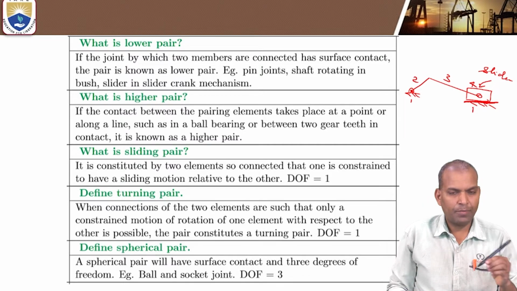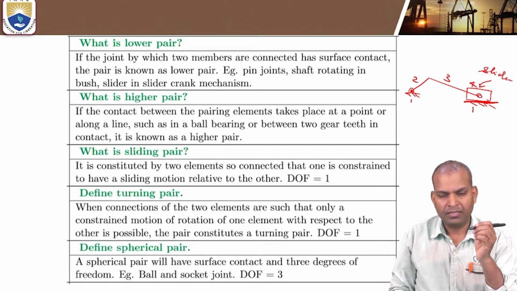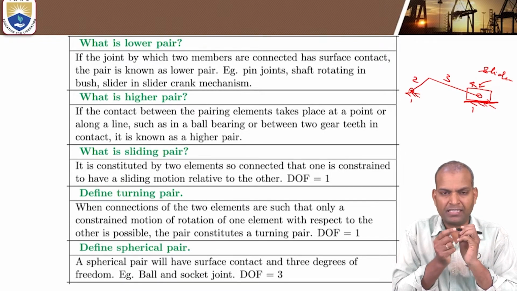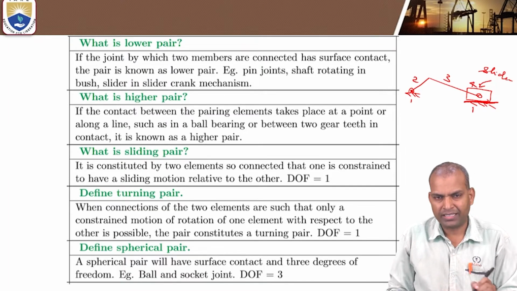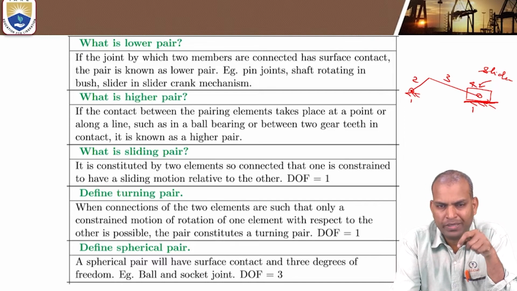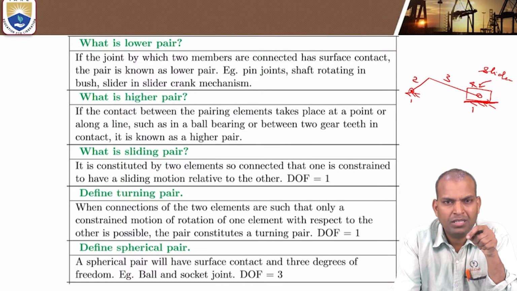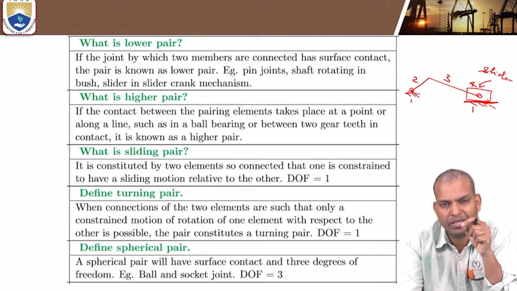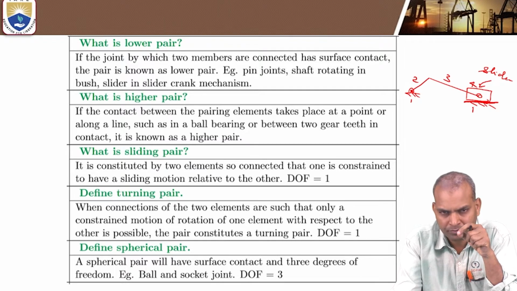An example of a higher pair: I am writing with this pen on the slate. What is the contact between this point and the slate? That is a point contact. Similarly, when you are writing with a ballpoint pen on paper, the contact between the ball point and the paper is a point contact. Then that pair is known as a higher pair.